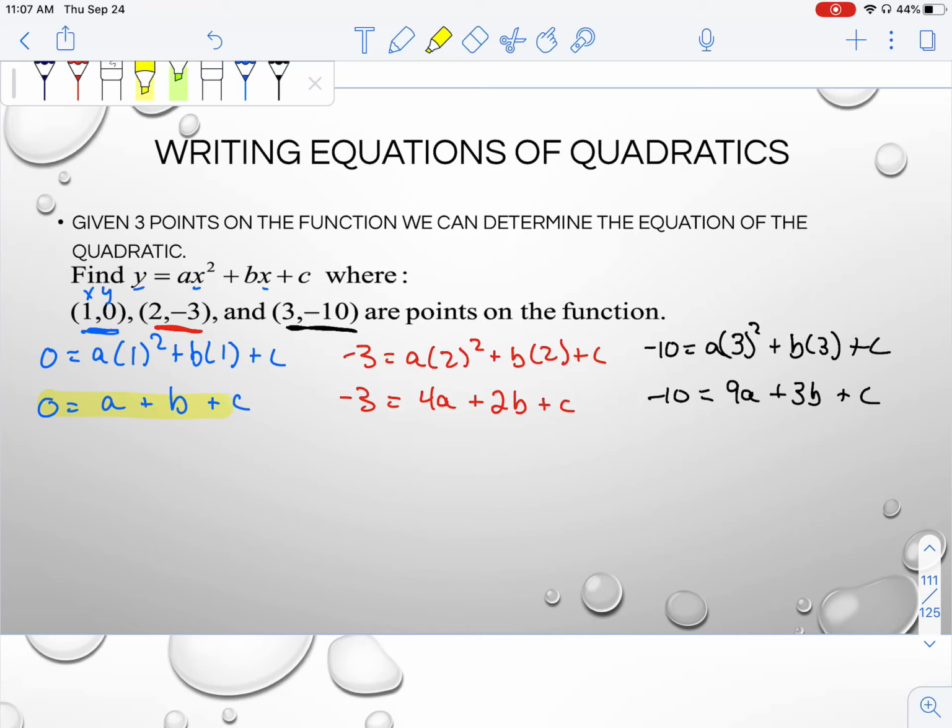Our three equations here are the three equations you will have to solve simultaneously. Again, I don't care if you rewrite them, stack them up. It's up to you, your method of solving.